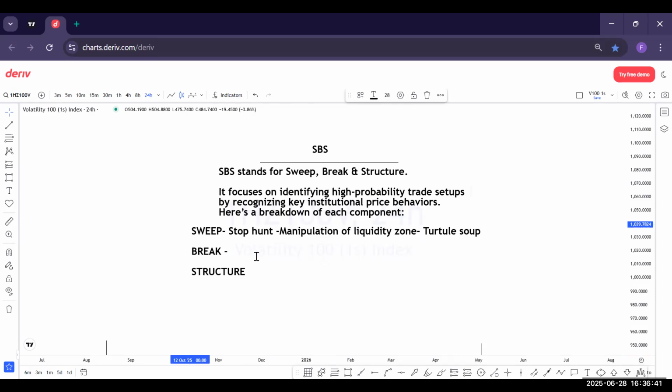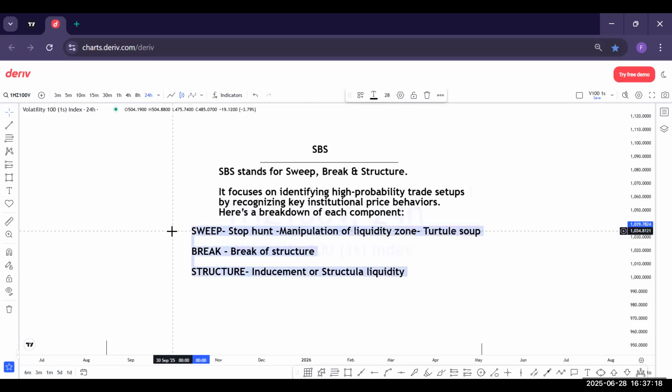And we have the break. The break is very simple, which is price breaking from one level to another, the break of structure. Sweep, break, and the structure in terms of inducements, or the structural liquidity.